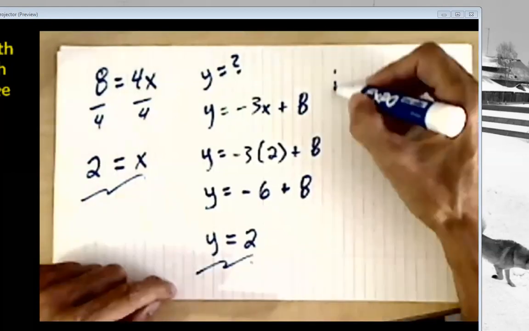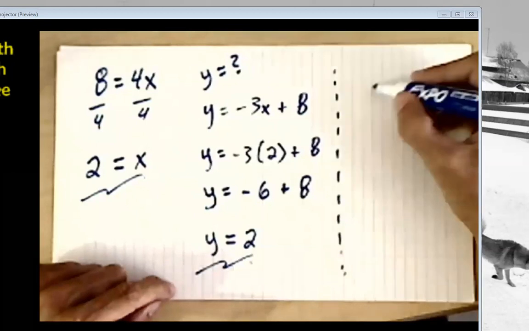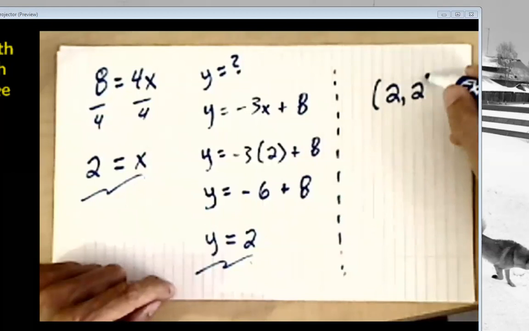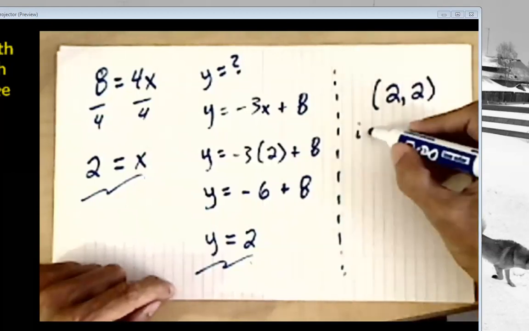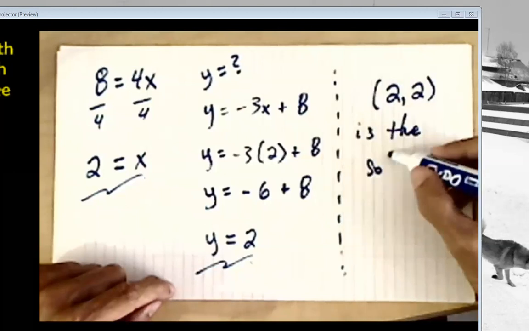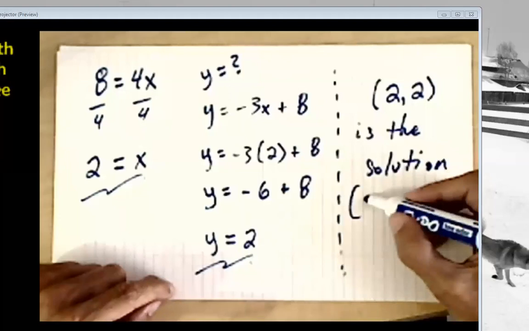And so that means the final answer. What's the solution to the system? Importantly, you write it as a point. That's where the two lines cross one another.